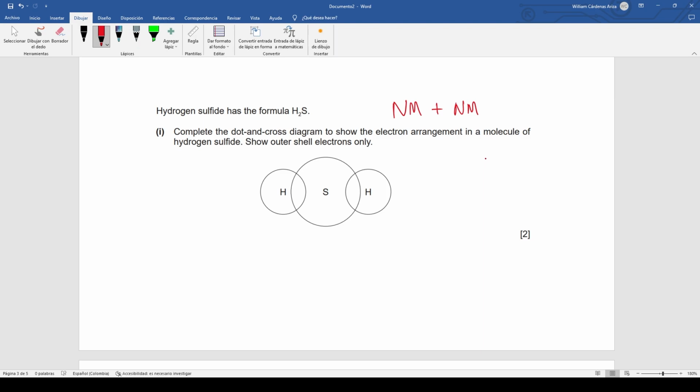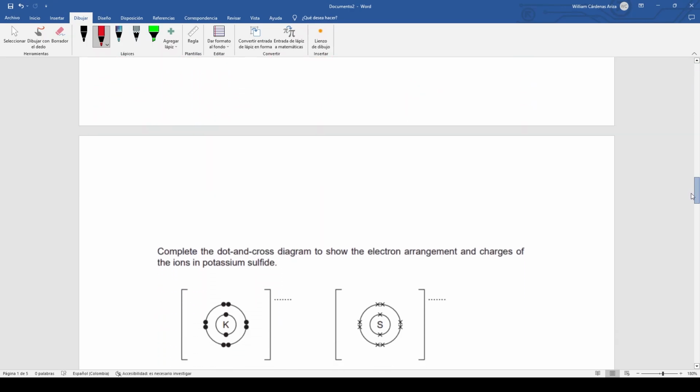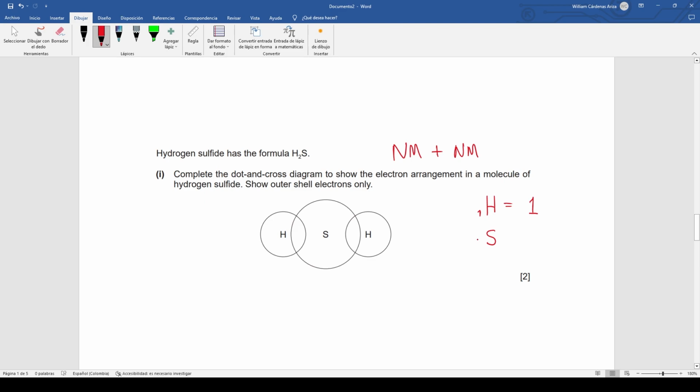So we start doing the electron configuration, and we see that hydrogen is 1, but they want to be like helium, because it's the nearest noble gas, which has 2. And sulfur is, let's see real quick, sulfur is 16, so it will have 2, 8, 6.